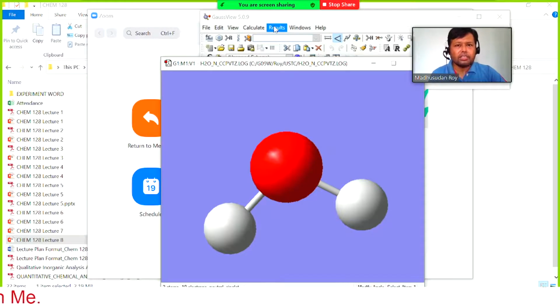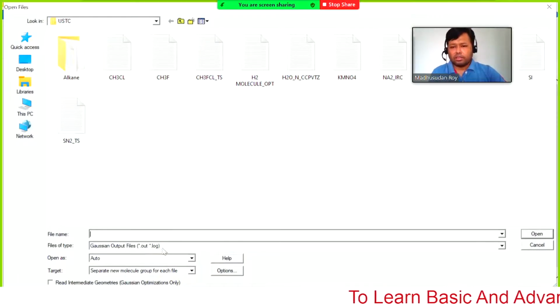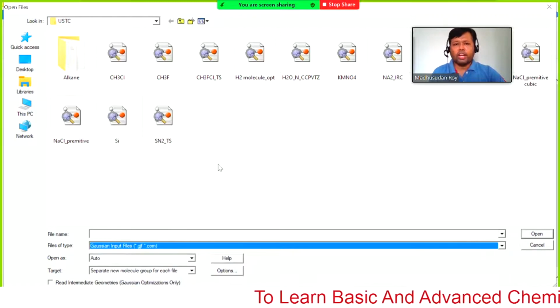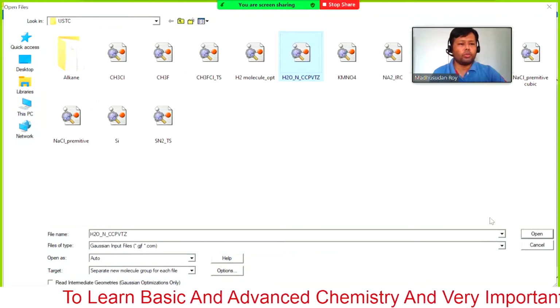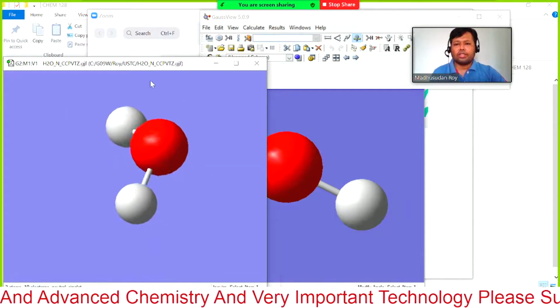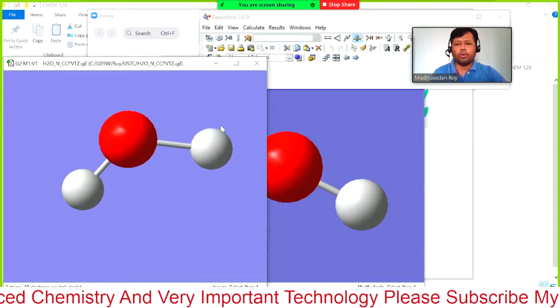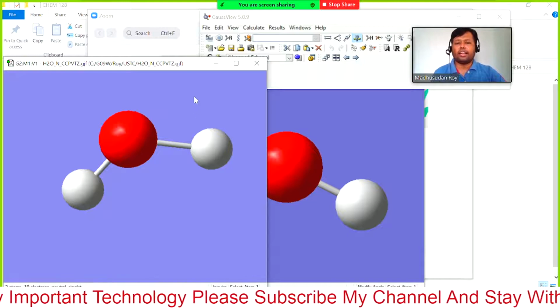Here you can see the results, that is our output file, and if you open the input file, this is H2O, our input file. The bond length is 1.20, this is 1.0, and the bond angle is 120.